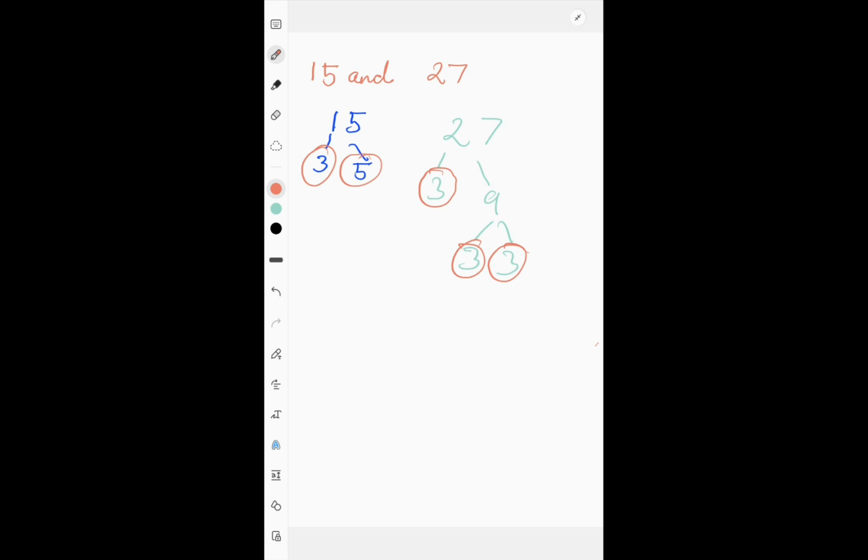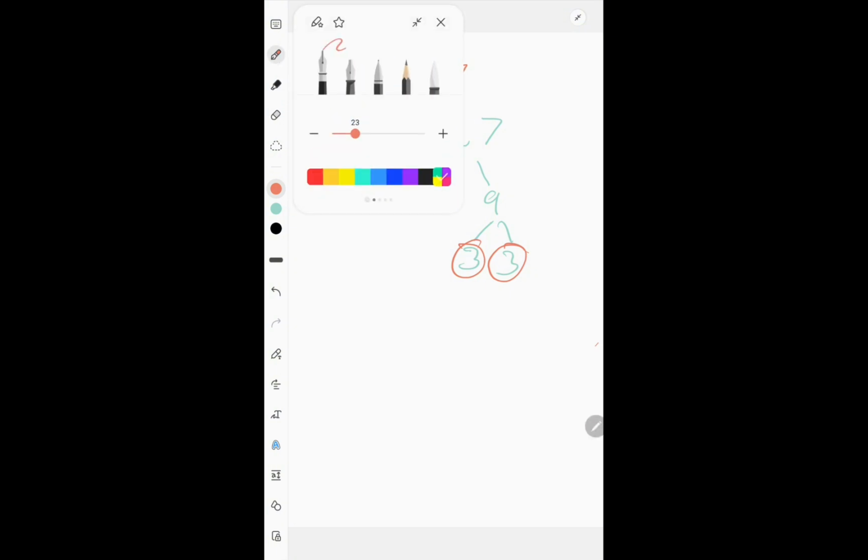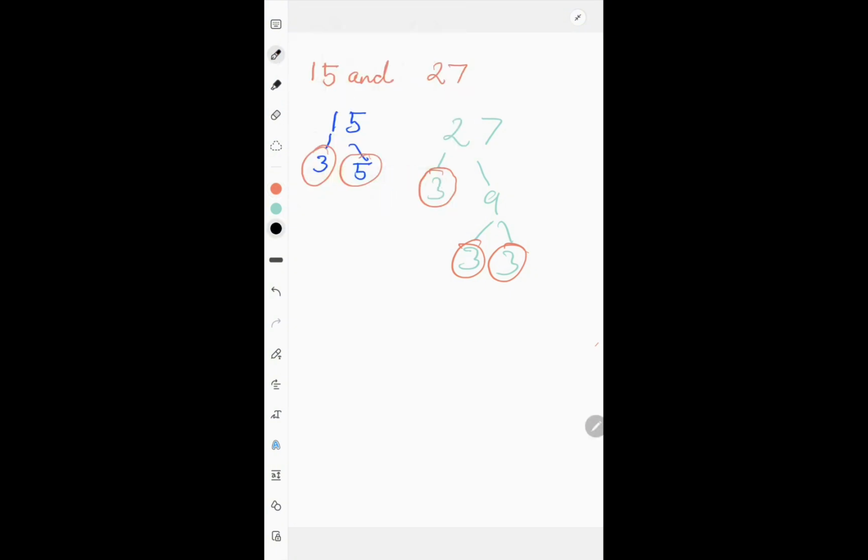Now we're ready to move to the next step. So we need to list the prime factors of 15 and 27 and match them vertically. Let's see what this looks like, starting with 15. So our prime factors from the prime factorization are 3 and 5, or 3 times 5. Now for 27.